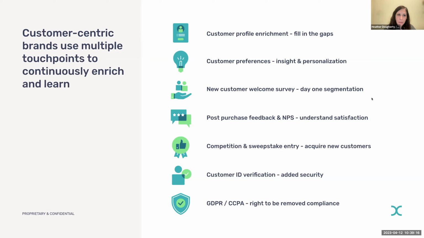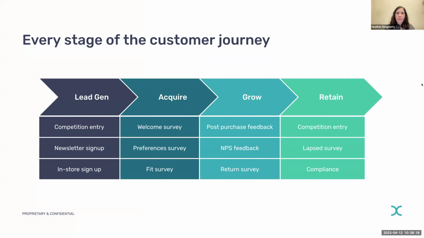Now, as we move into thinking about every stage of the customer journey, you can leverage forms to help you at each of these stages. There's lead gen, where we can help you with competition entries, newsletter signups, and in-store signups, acquiring new customers and helping to understand them better with welcome surveys, understanding preferences and fit, and helping to grow that relationship. Again, that's the idea around post-purchase feedback and NPS feedback.